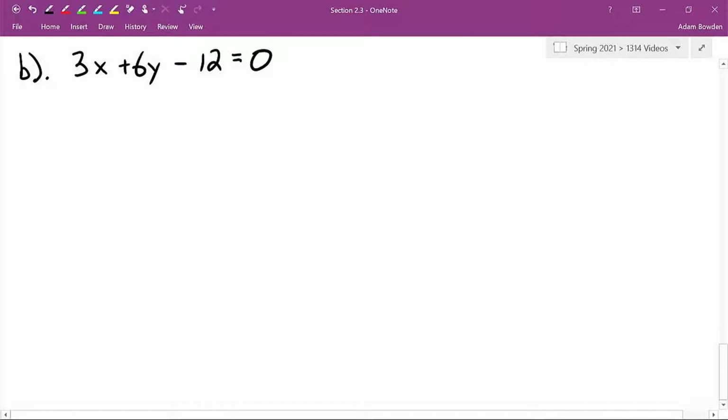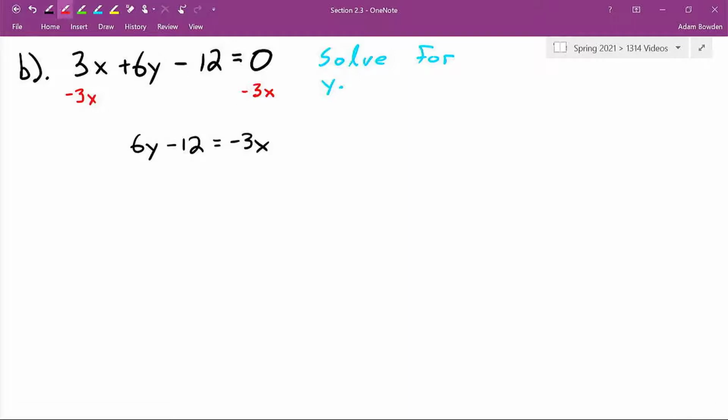For this next one, what we're going to do is rewrite it into slope-intercept form by solving for y. So I'm going to start off by subtracting the 3x over. And then we can add the 12. So 6y equals negative 3x plus 12.